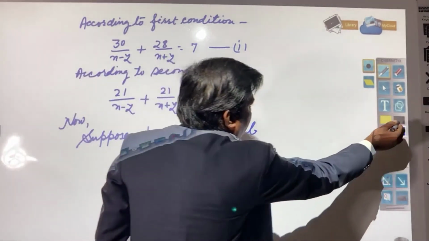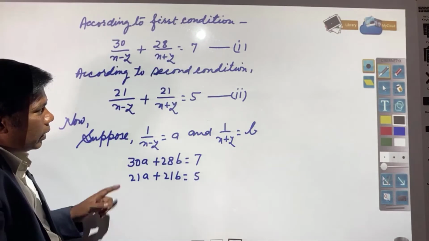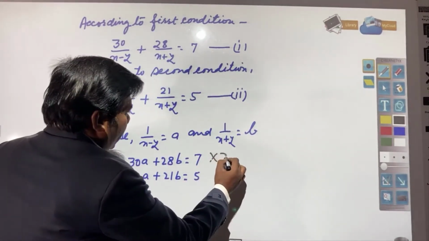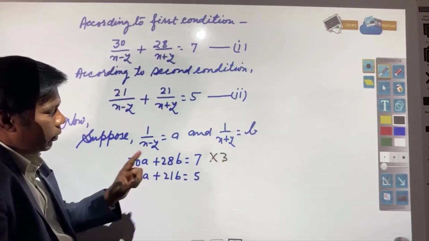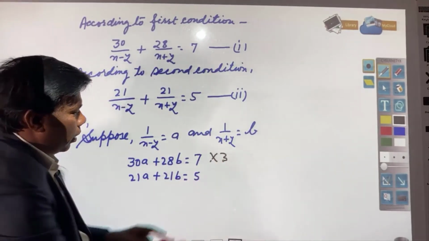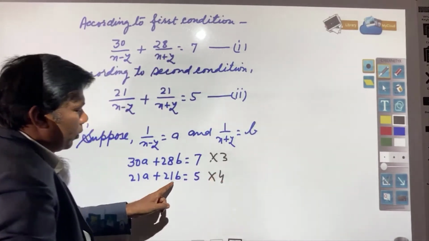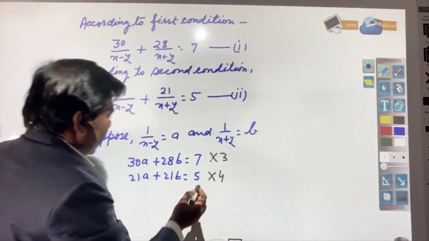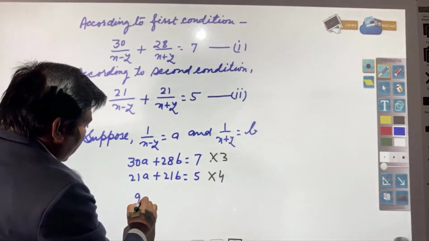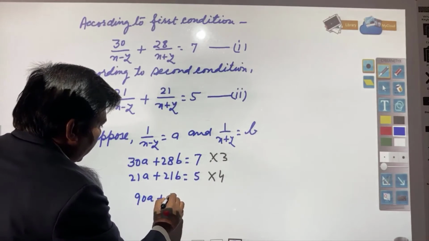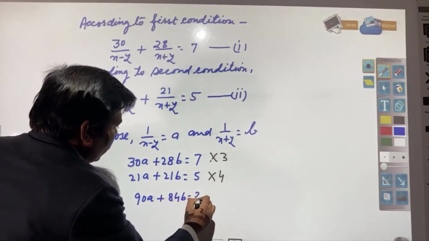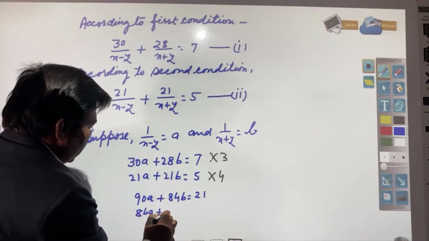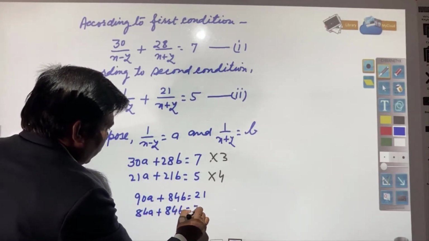Now it is required to be simplified, so we multiply by 3 and 4 to get 84 in both. We get 90a plus 84b is equal to 21, and 84a plus 84b is equal to 20.